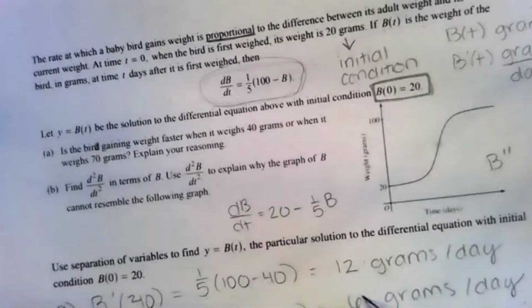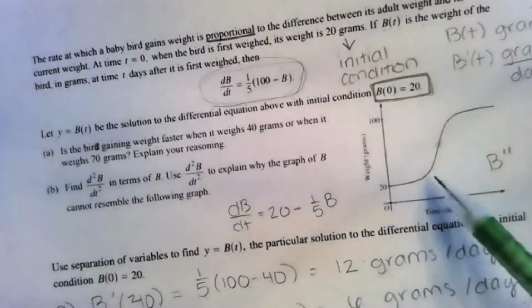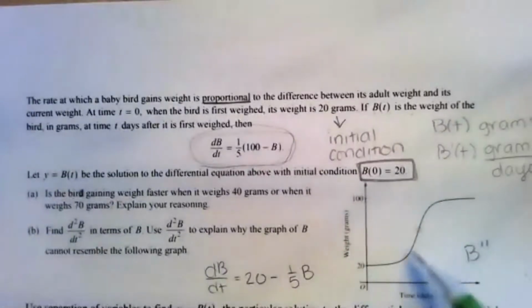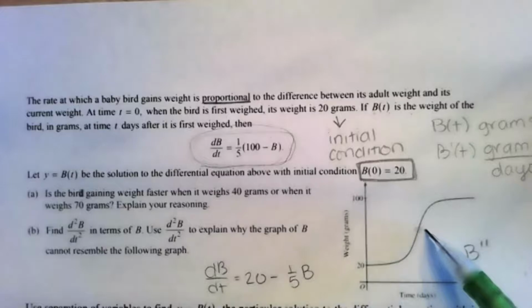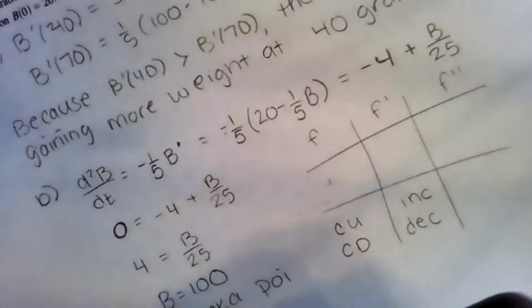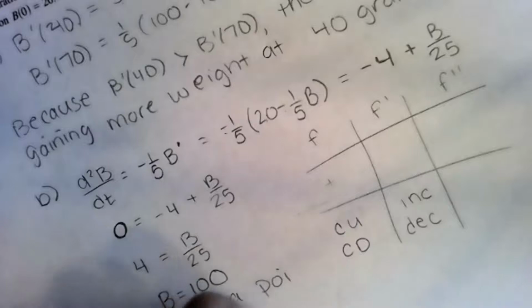So that shows decrease. So from 40 to 70, my rate's decreasing. And here, that would imply if this was concave up, that it was increasing.